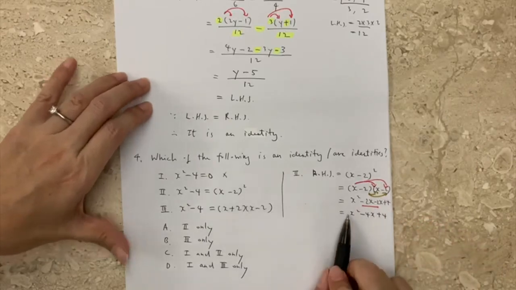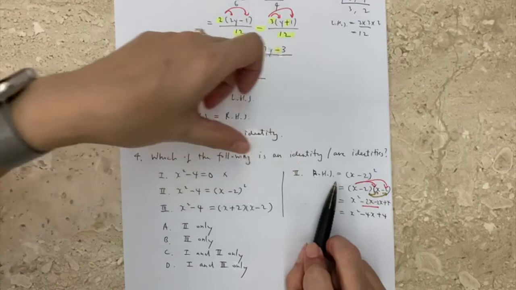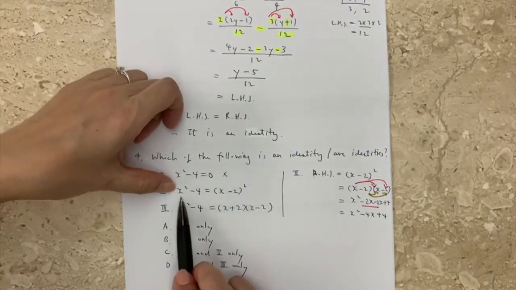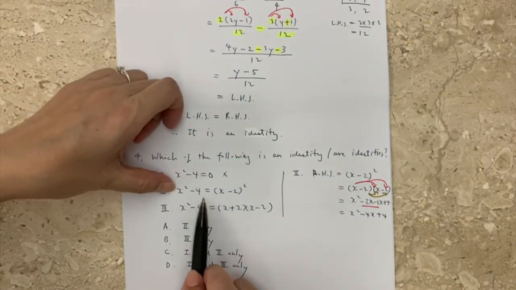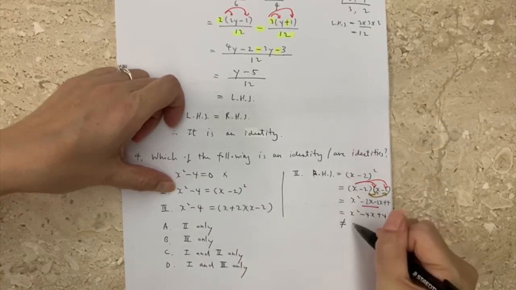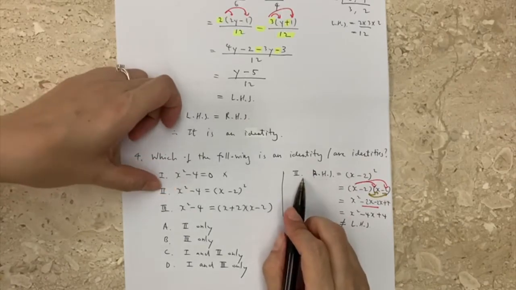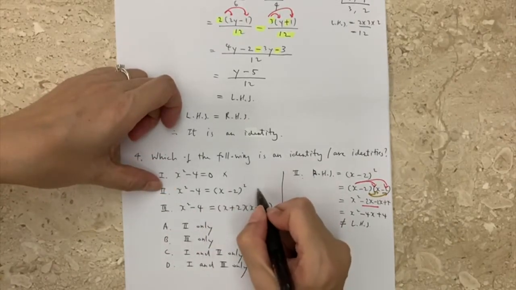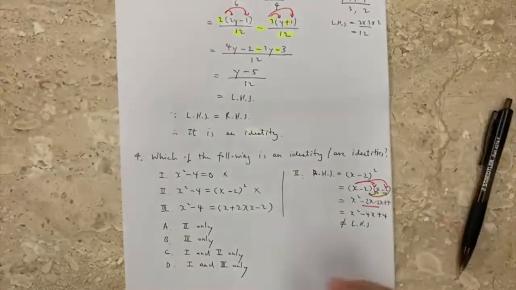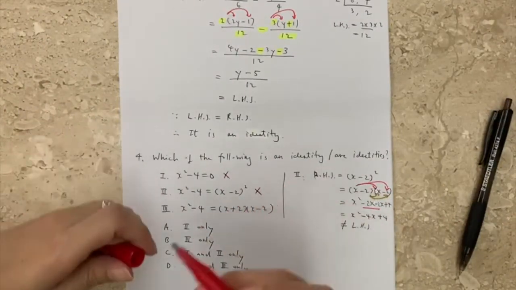This is what we have for part 2 on the right hand side, and then we check with the left hand side. The left hand side is x squared minus 4, right? You can see it is obviously not the same as the left hand side. So the second one is also not an identity. The first one is not an identity, and this one is not an identity.